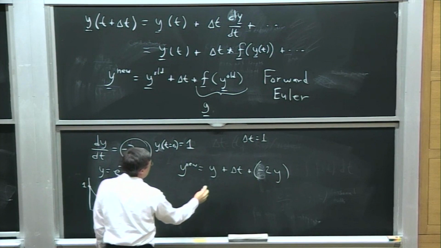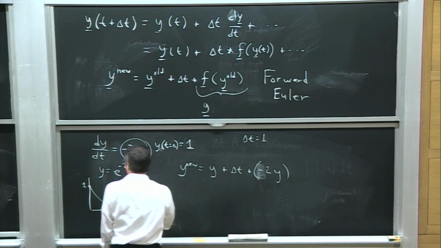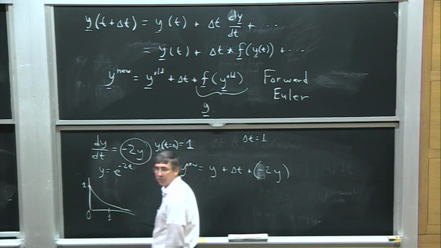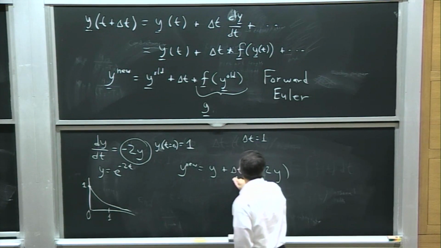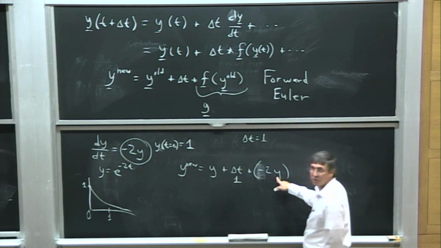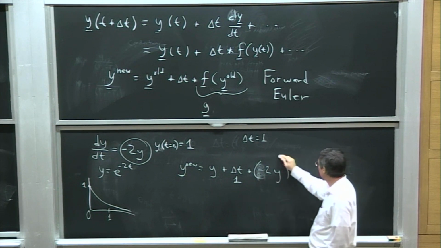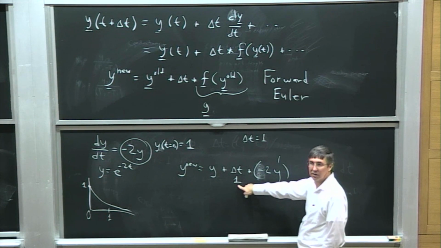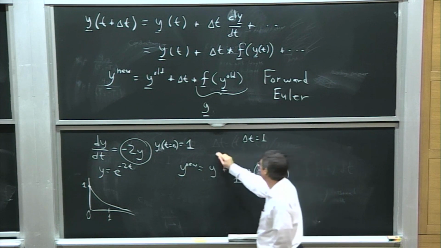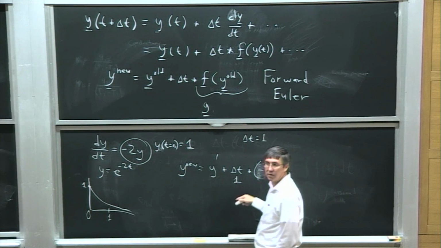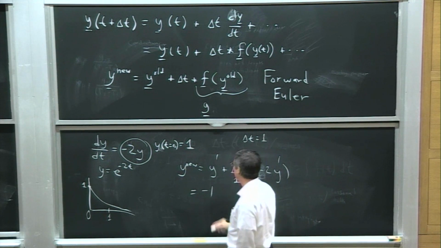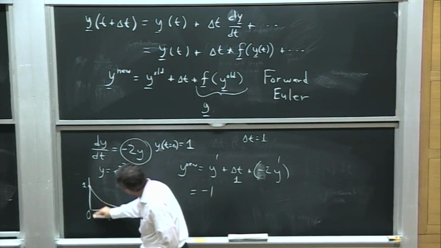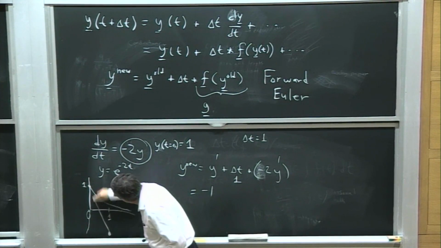So we started at t equals 0, we're computing out to t equals 1, somewhere around here. So we put 1 in here. Our initial condition was y equals 1, so it's 1 times negative 2 times 1, which is negative 2. This is a 1. 1 minus 2 is negative 1.